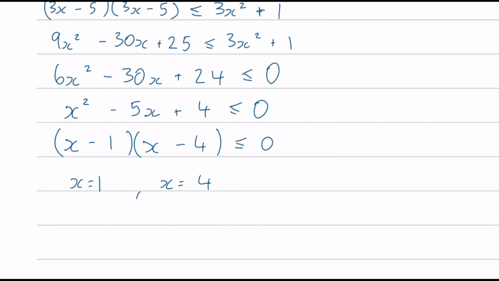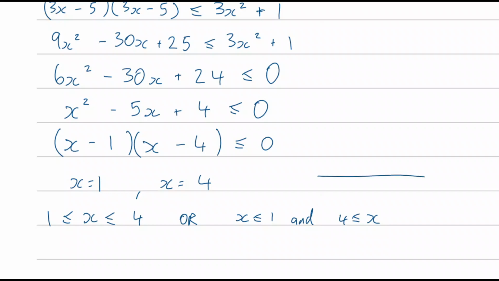However, this tells us that x is either between 1 and 4 or x is outside of 1 and 4. So x is less than or equal to 1 and greater than or equal to 4.